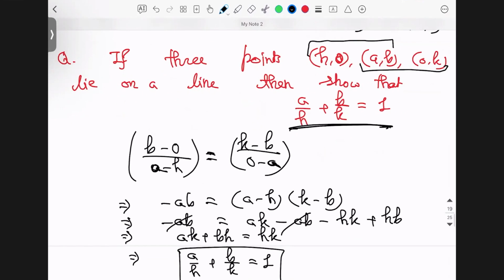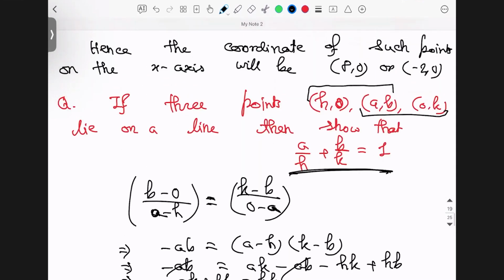Now, this is using just a few steps. Now one can use the one-liner. How can they use it? So first of all, look at these 3 points. If this is your axis, then (h, 0) will be somewhere here. Depending upon your choice, it can be on the negative axis also. But in general, you can consider this on the positive axis because you don't know the value of h.